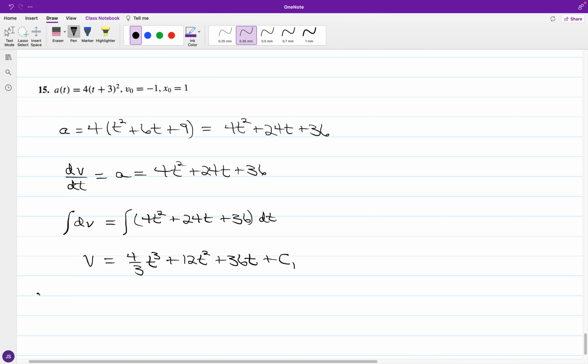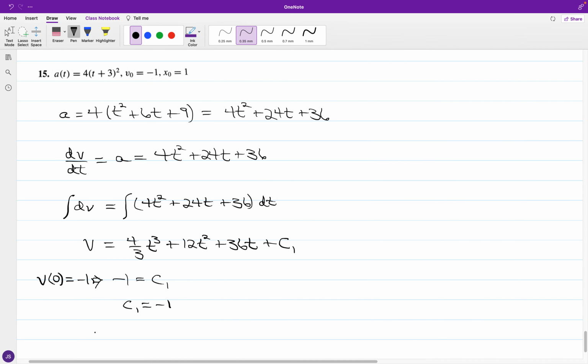And for the initial conditions, we have v naught is equal to -1, and filling in, so v is at -1, and with t at 0, you have the terms in t cubed, t squared, and t to be negligible once again, so we have that c sub 1 is equal to -1, and so the velocity becomes 4/3 of t cubed plus 12t squared plus 36t minus 1.